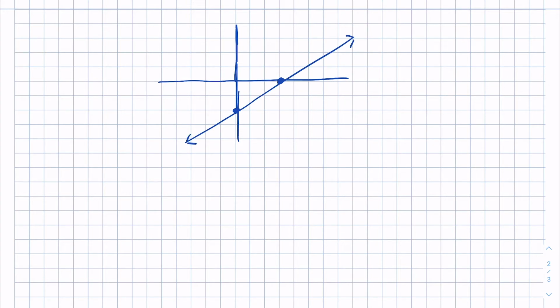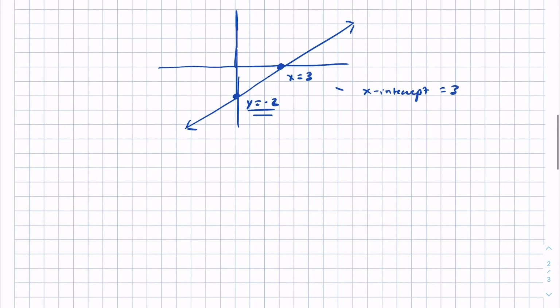Well, in this linear equation, we see that the line intersects the x-axis at x equal to 3, and it intersects the y-axis at y equals negative 2. Therefore, we would call 3 the x-intercept and negative 2 the y-intercept.